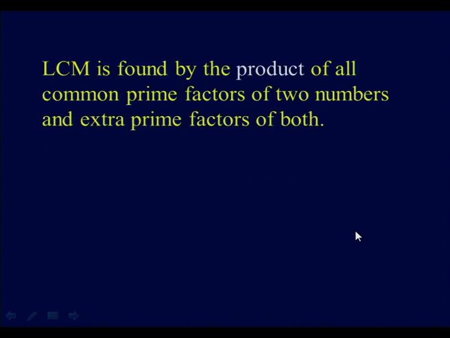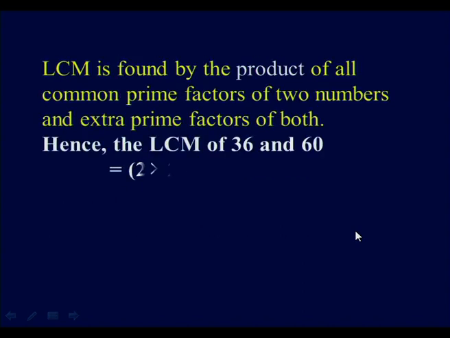So, that also we are going to multiply here to get the LCM. So, the LCM of 36 and 60 is equal to 2 into 2 into 3, which are the common factors, into 3 into 5, which are the extra factors. So, this gives us 180 as the LCM.